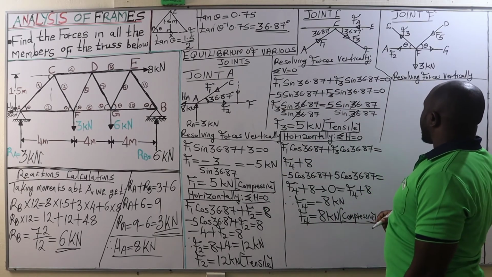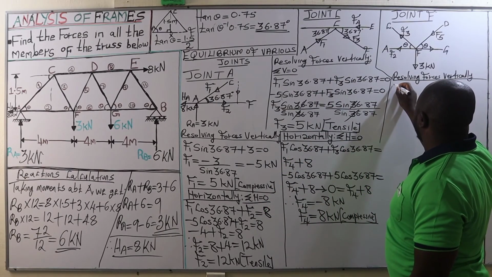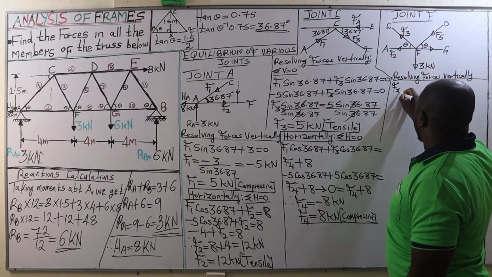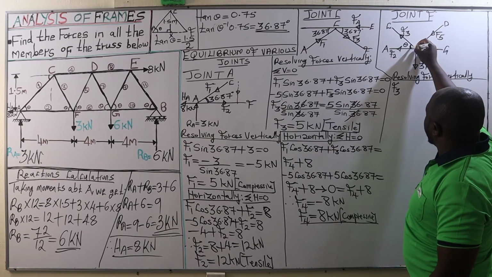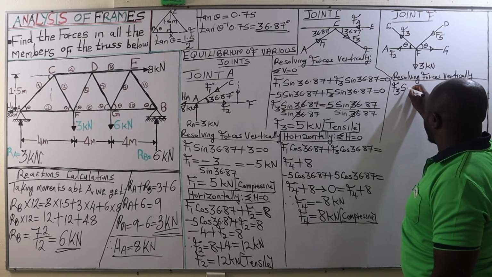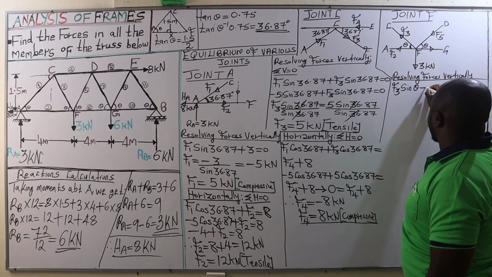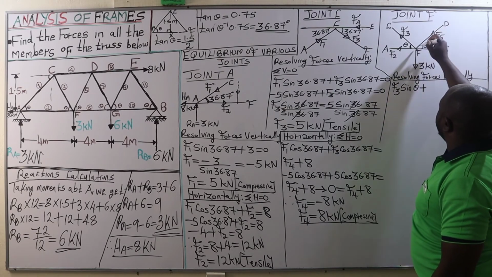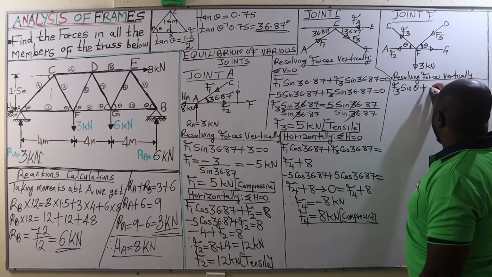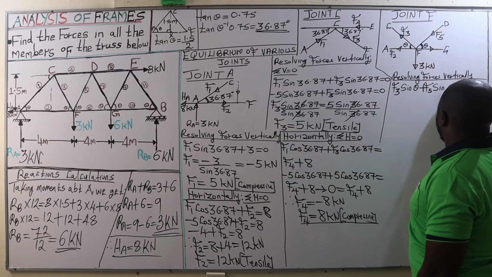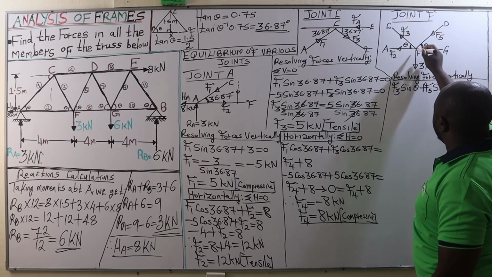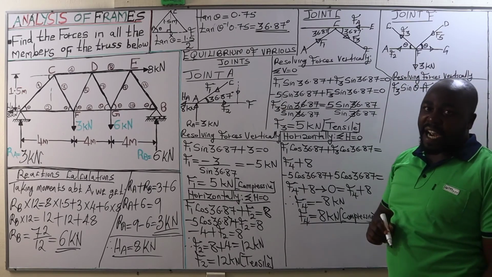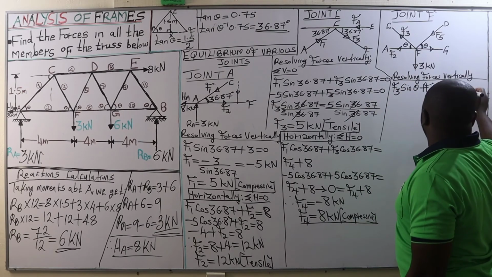Therefore, resolving the forces vertically, we are going to have F3 multiplied by the sine of this angle, therefore F3 sine theta, plus F5 multiplied by the sine of this angle, so that is F5 sine theta, is equal to this downward acting force, which is 3 kilonewtons.